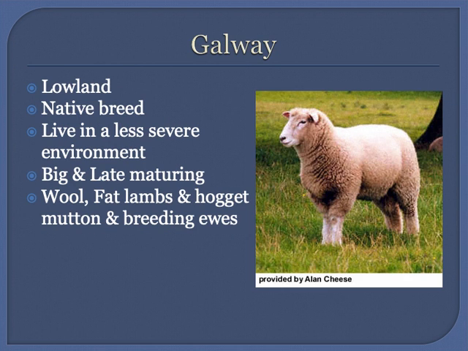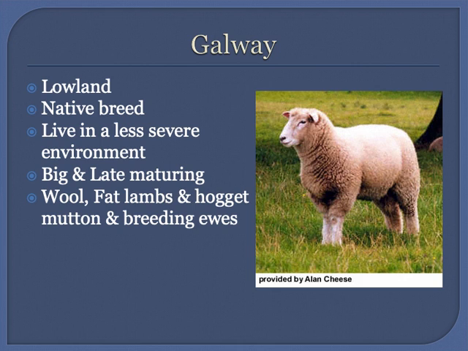Now, to look at the lowland breeds then, the first one is your Galway sheep, and you can see straight away that it is quite different looking from the mountain breeds. It's large and it's white. This, as I said earlier, is our only native breed.